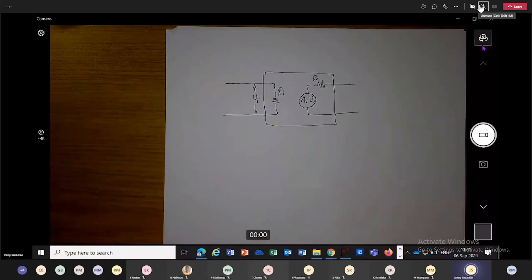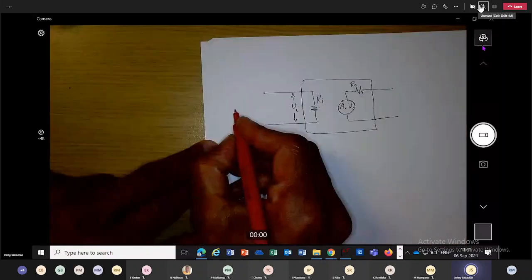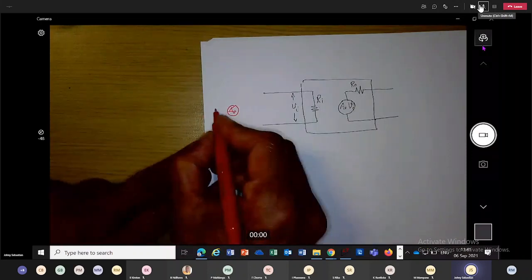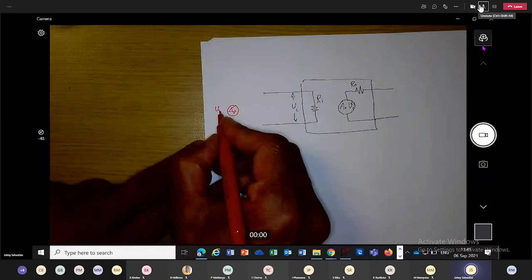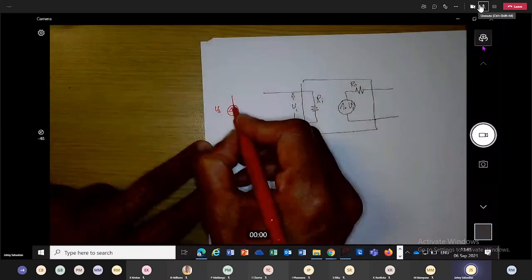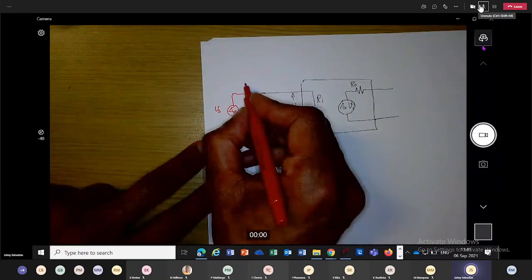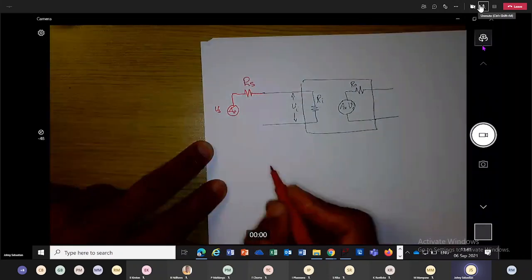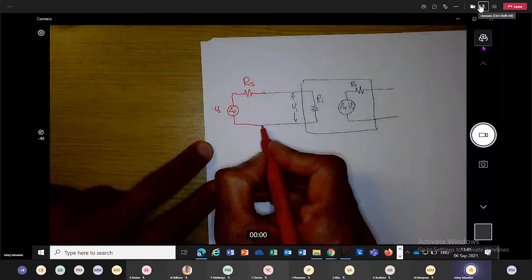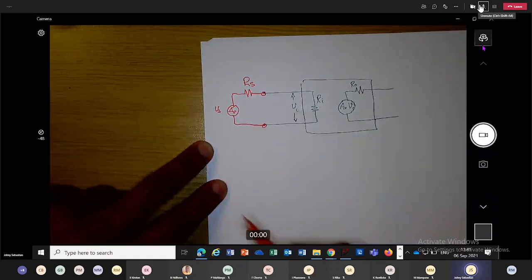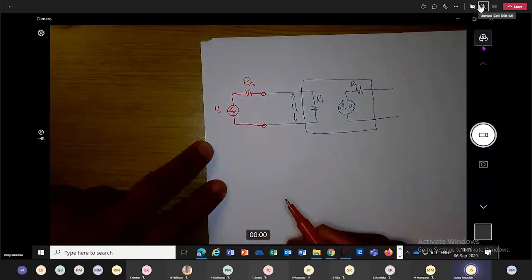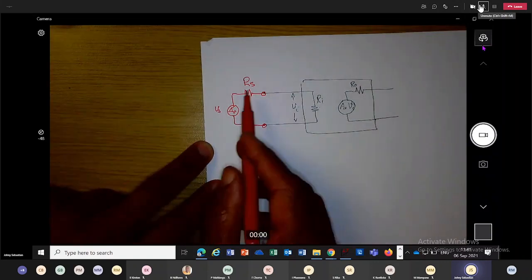Now, when we have a signal source, we put an AC signal source called VS. Every signal source comes with an internal resistance called RS. The signal source together with RS is not a part of the amplifier.